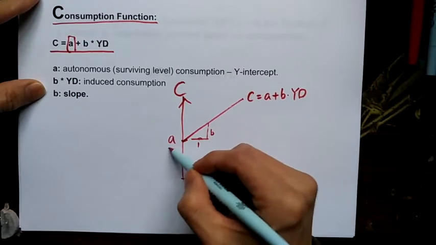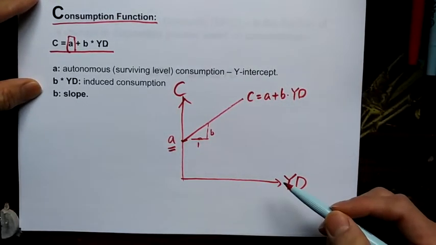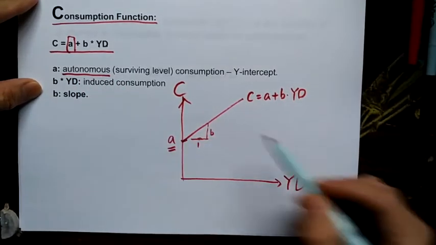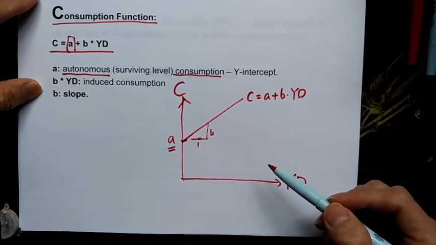We have a special name for this A, that is the y-intercept. Its name is called autonomous consumption. Why is it called autonomous?